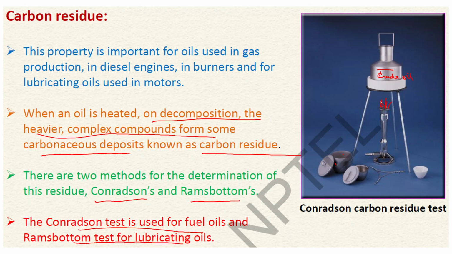After complete burning of this crude oil, we will take out this crucible and we will see some amount of carbon residue left, stuck on the walls of this vessel, which will be scraped off and measured to get the amount of carbon residue that our fuel oil gives.